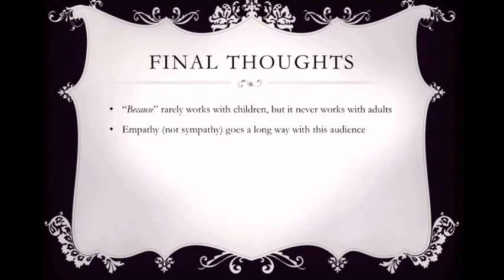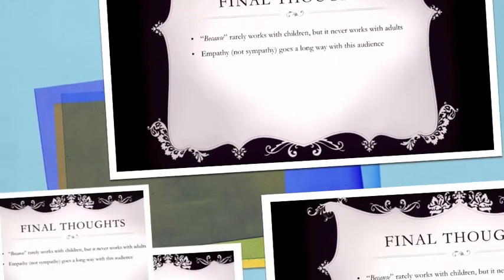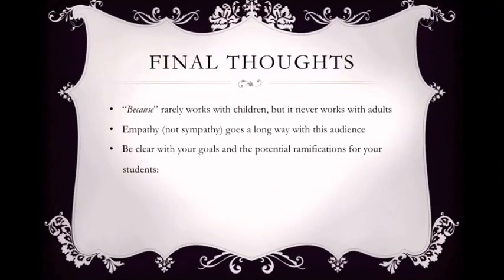Because again, as we all know, in the real world, you have to be accountable for your actions, or there are always consequences. We need to be clear with our goals and all the different potential ramifications for our students. Because when we're teaching, we are creating opportunities for change, right?